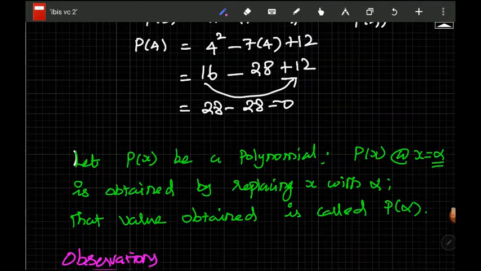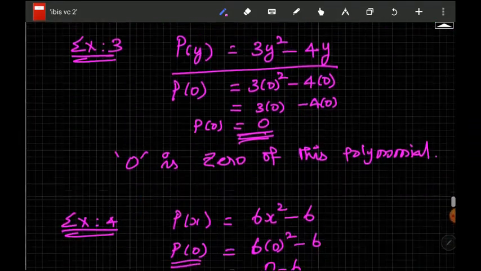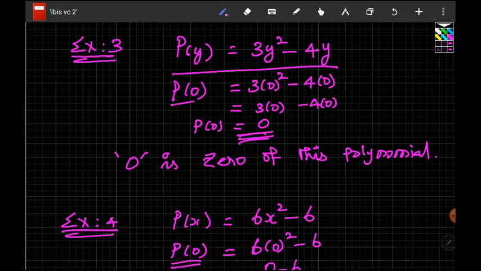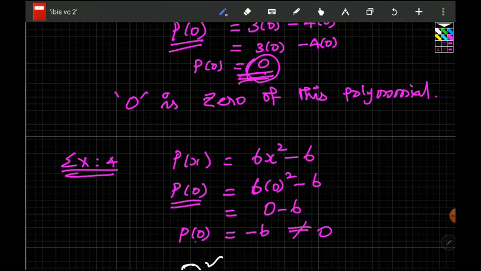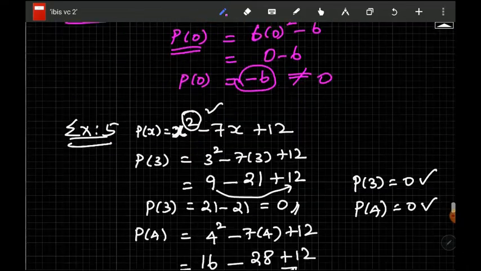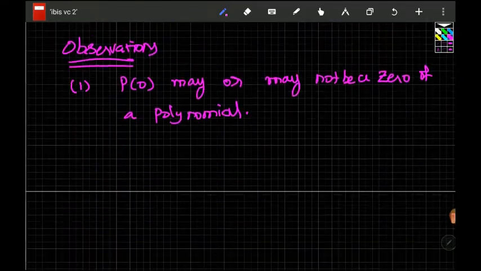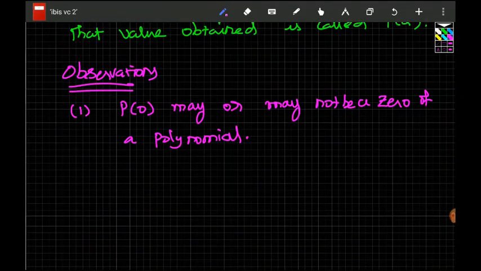Just look at this example. Here in this example, P of 0 is 0. But in this example, P of 0 is minus 6, but not 0. That is why I said P of 0 may or may not be a zero of a polynomial.